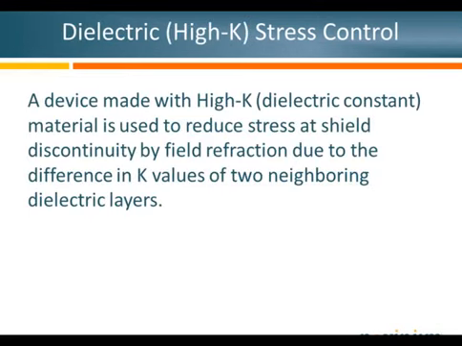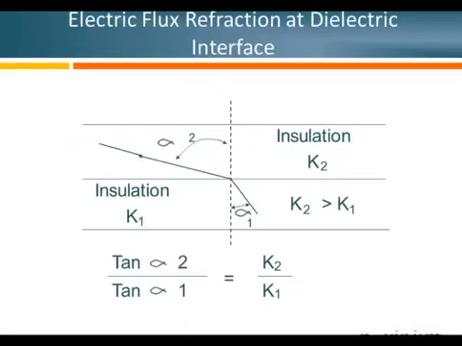The way most medium voltage terminations control electrical stress nowadays is with high dielectric stress control, or high K material. And the way that works is it's similar to the way water refracts light.